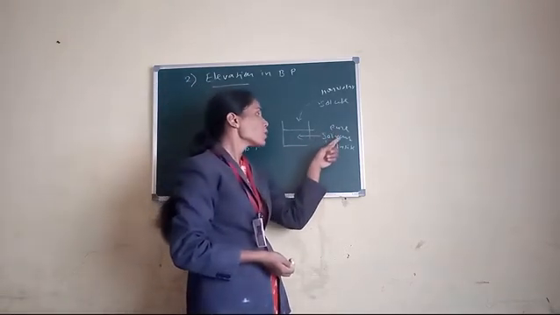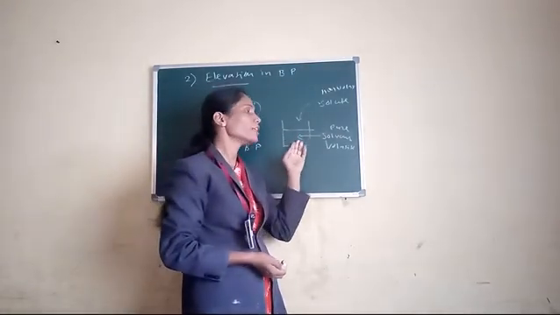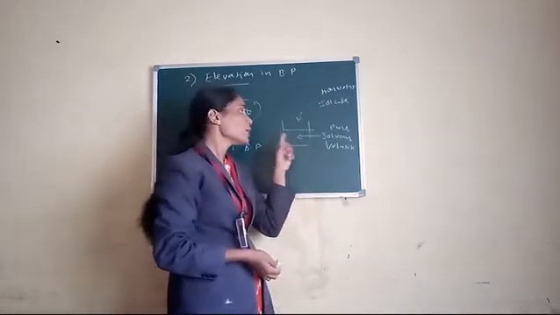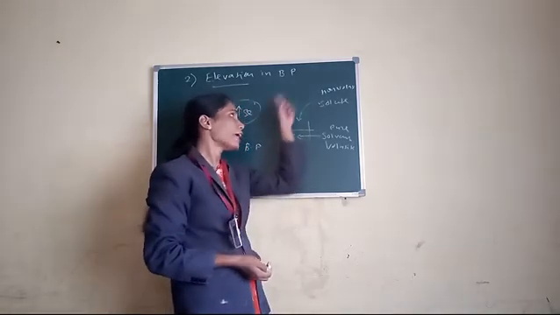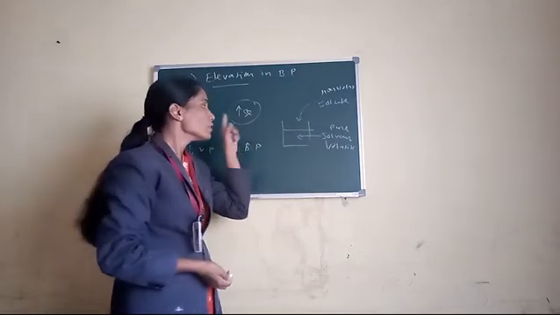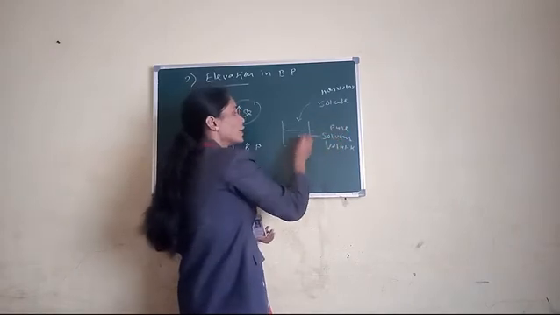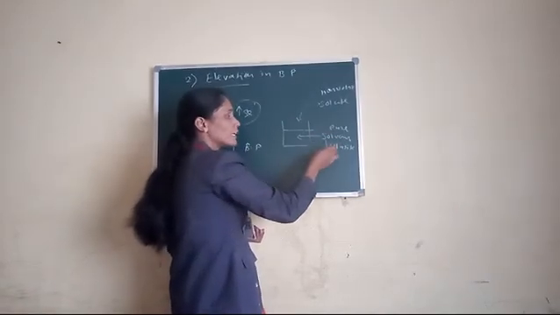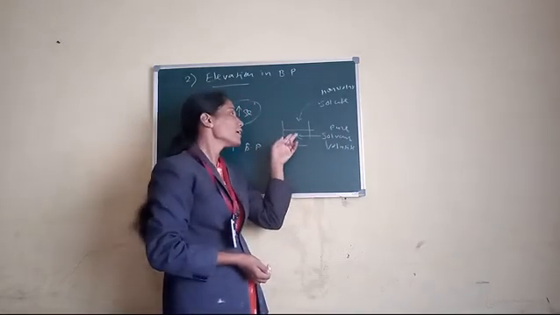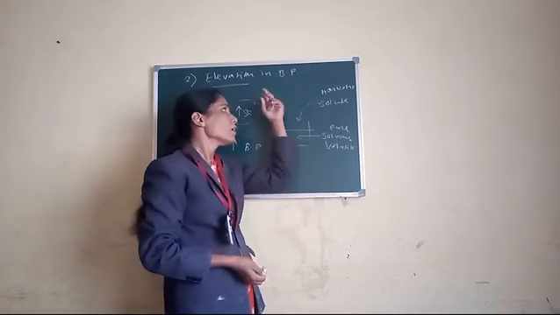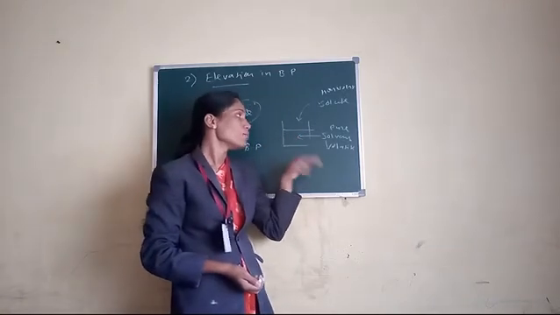Here the pure solvent gets easily evaporated, means the boiling point is less, means at low temperature it gets evaporated. Boiling point is the temperature at which the vapor pressure of the liquid and the atmospheric pressure are equal. This temperature is called the boiling point. And here the pure solvent gets easily evaporated because it is volatile in nature, means at low temperature it gets vaporized, means equilibrium forms between the atmospheric gases and the liquid. Therefore the pure solvent gets easily boiled.